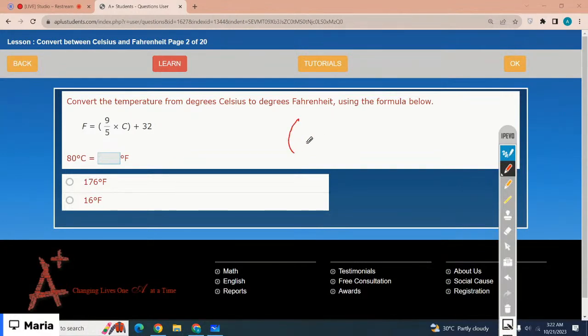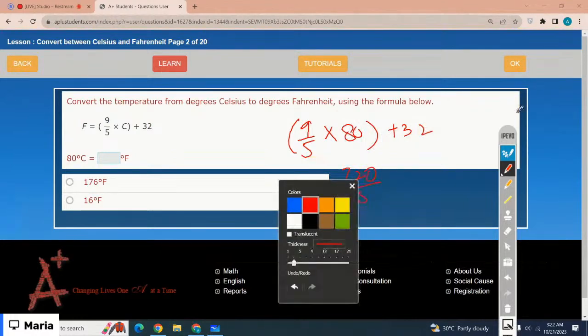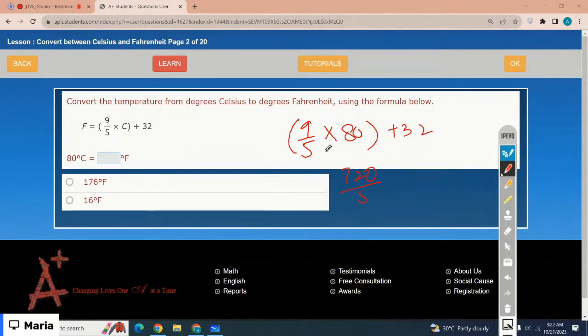Let me confirm: 9 by 5 times C, where C is 80, plus 32. 80 divided by 5 is 16. 16 times 9 is 144, and 144 plus 32 is 176.